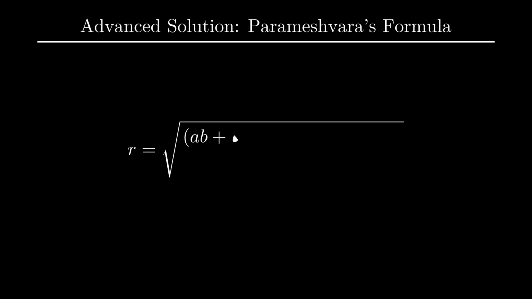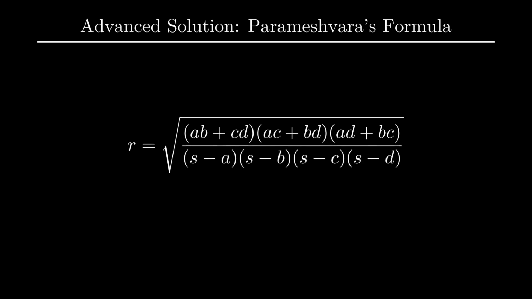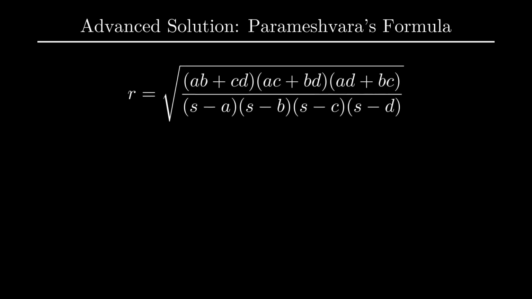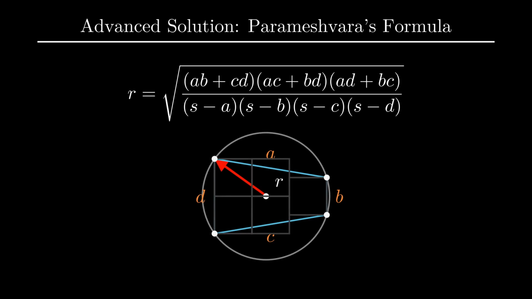For very advanced users who love math formulas, we will now present another method to solve the problem. This method relies on the observation that the arrangement of squares can be considered as a quadrilateral inscribed in a circle. Indeed, 4 square vertices are on the circle. In this scenario, the formula of Parameshvara immediately gives the radius of the circumcircle of a quadrilateral.